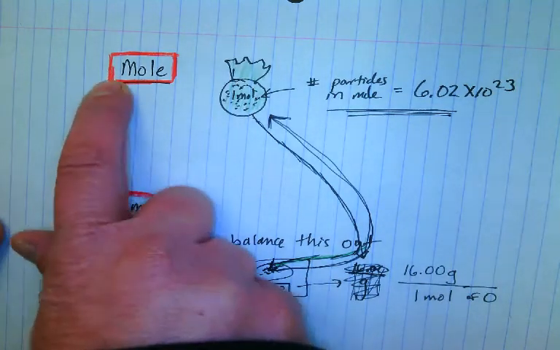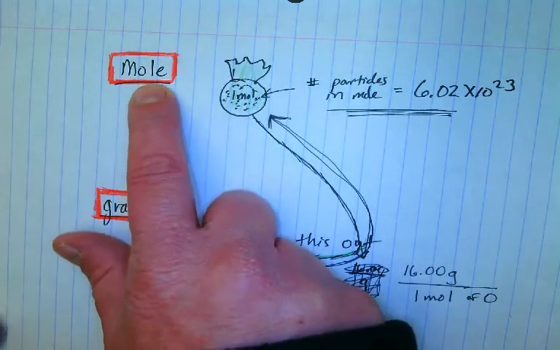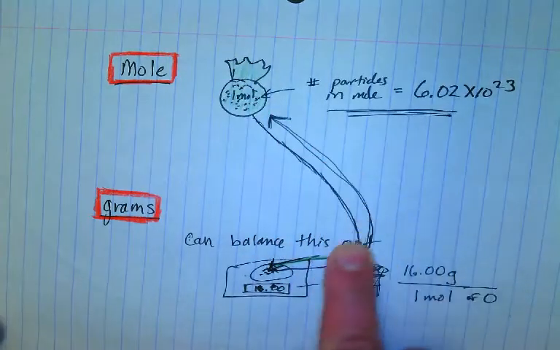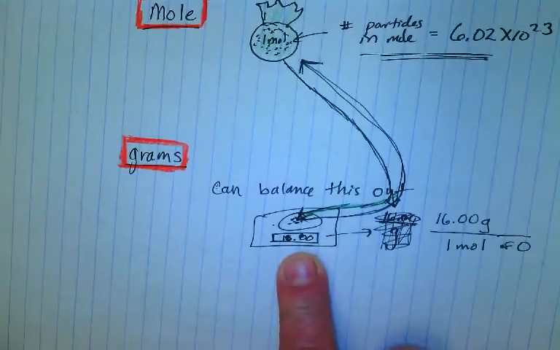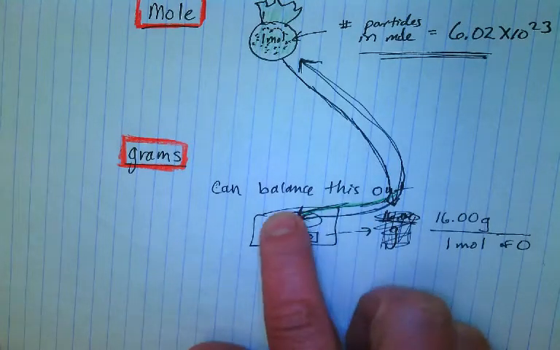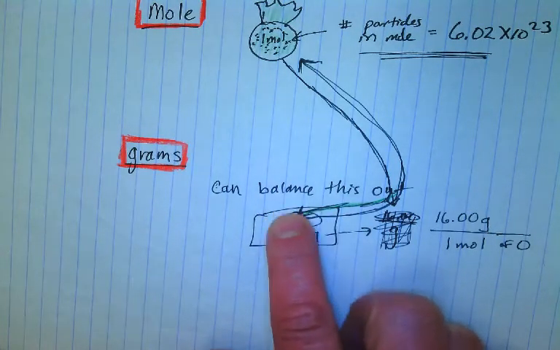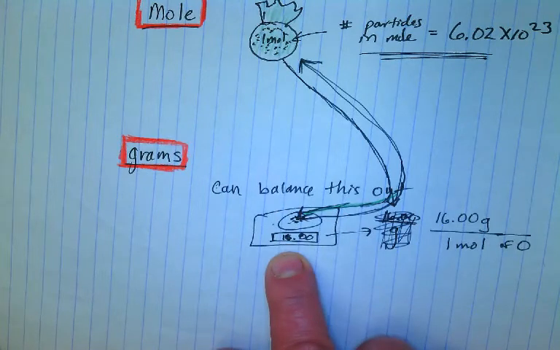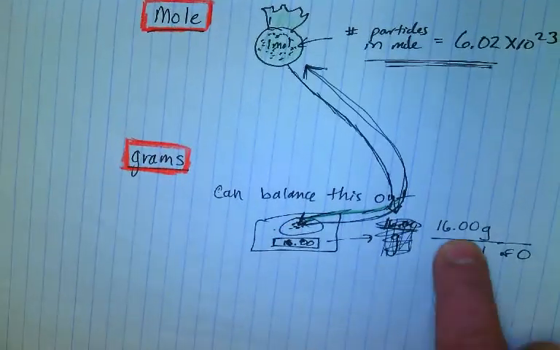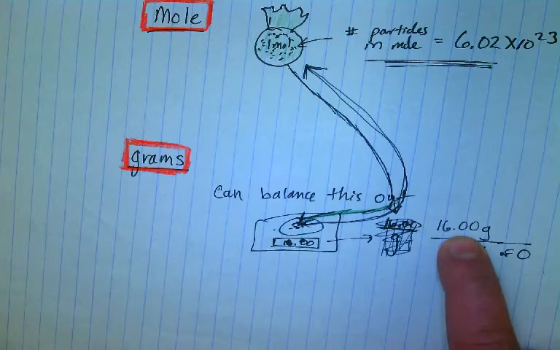Now, since we don't have a scale that can measure moles, we have to put this little Ziploc bag of particles onto a scale. And that's what this is right here. This is my digital scale. I have the little silver thing that we put things on, and then it reads the number. So I'm going to put this little sack on the scale, and it's going to read 16 grams.